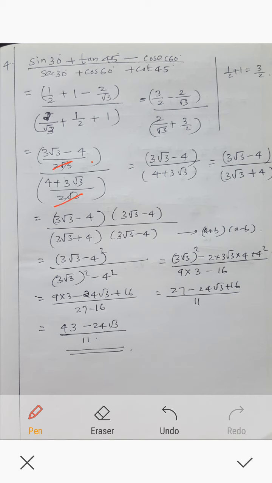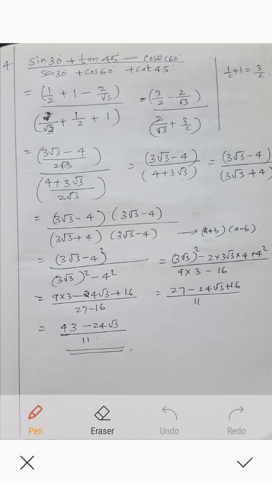Okay, so remaining (3 root 3 minus 4) divided by (4 plus 3 root 3). So in the next step I have written similar terms in the same place. So numerator is 3 root 3 minus 4. So I have written the denominator as 3 root 3 plus 4. A plus b equal to b plus a. So we can write those anywhere.